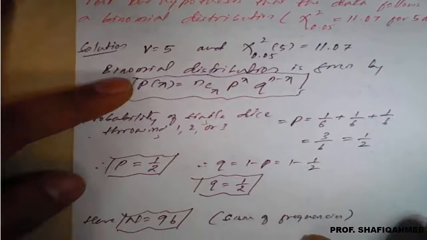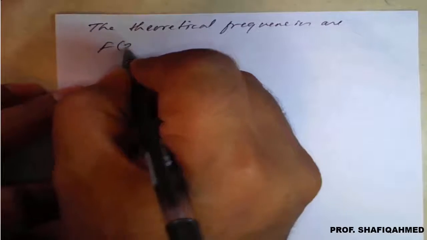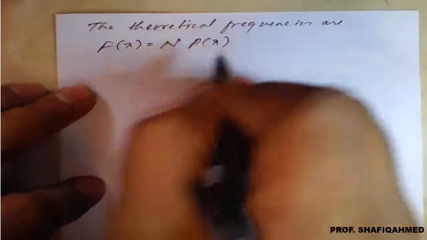So with the help of this, we will prepare a theoretical frequency formula. The theoretical frequencies are f of x equal to N into p of x.